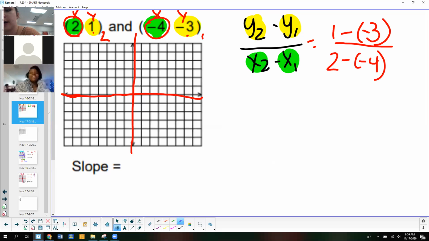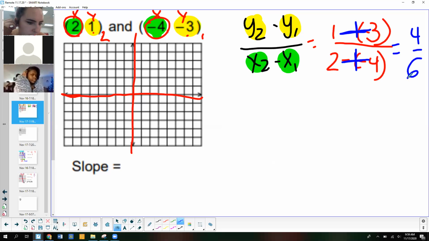So we're going to simplify this. 1 minus a negative 3 is the same thing as 1 plus 3, so I'm going to have 4, divided by 2 minus a negative 4, which is 2 plus 4, which is 6. Those of you who said 4 over 6, good job.